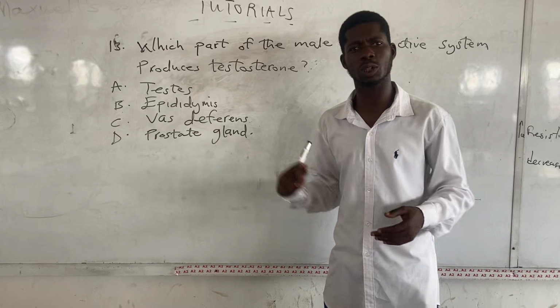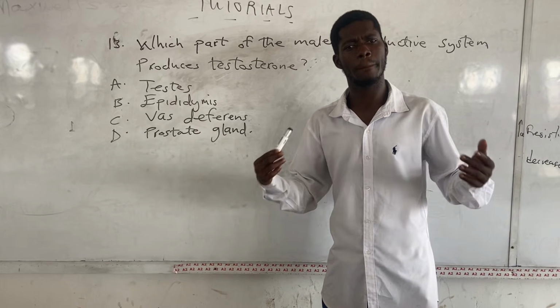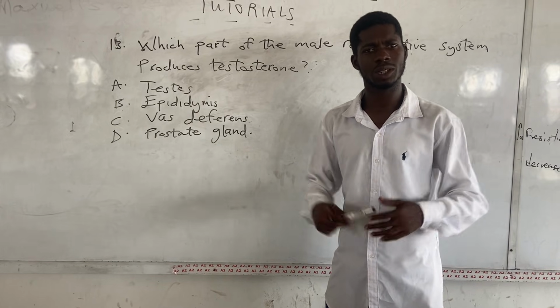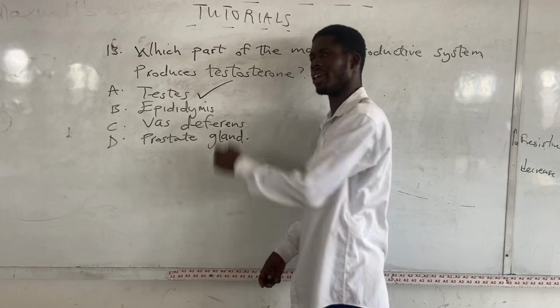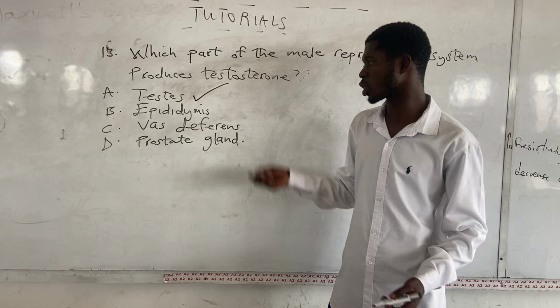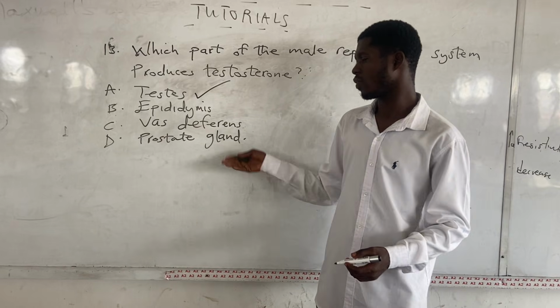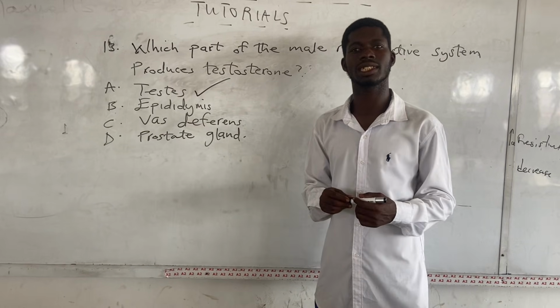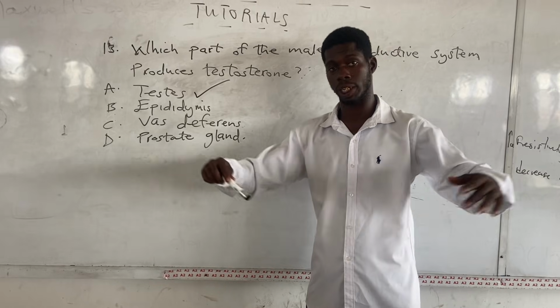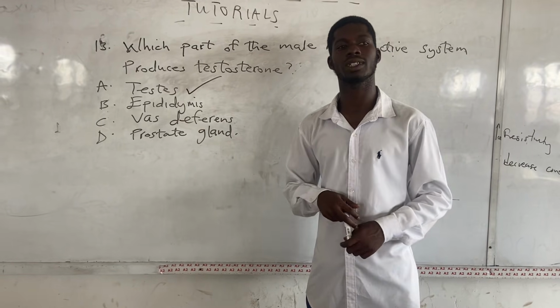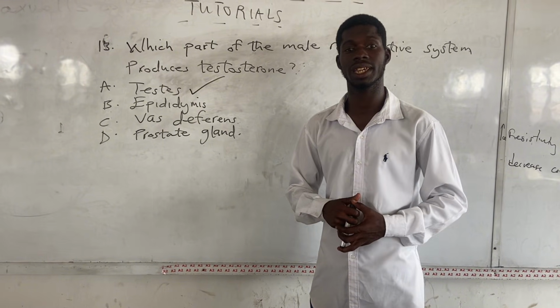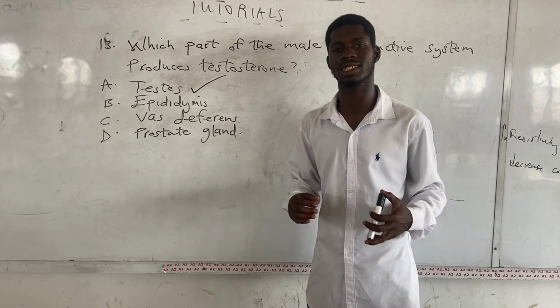So for this question as well, you are not supposed to waste much time. Epididymis stores sperms, and the seminal fluid is for the sperm to swim in. So the right answer for question number 13 is A, testes. Thank you.